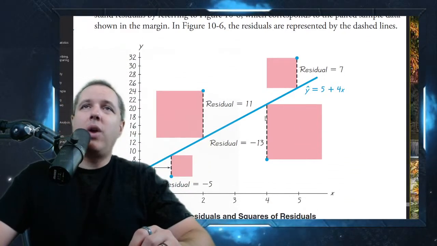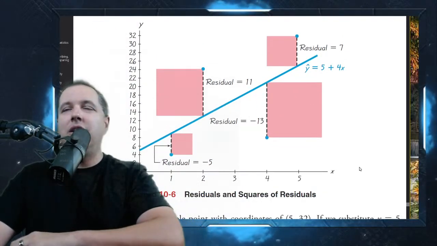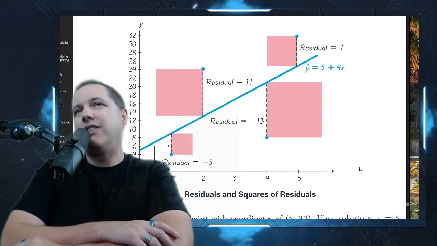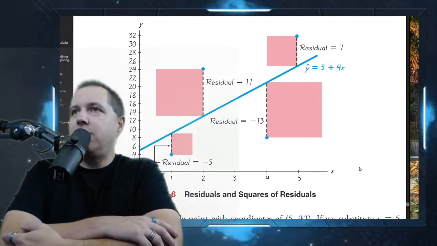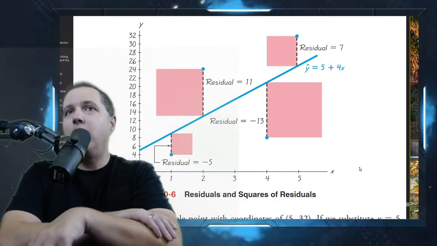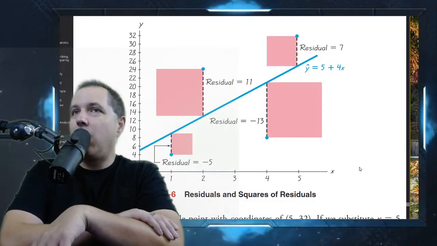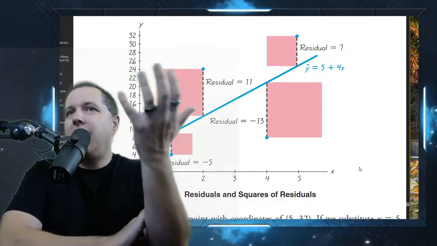And we end up squaring the residuals, where we get into a little bit of the nitty gritty. You don't necessarily need to know this for now. It might come up a little bit in the homework. If you add up all your residuals for a least squares line, they add up to 0 generally. So that's a problem because then with the number 0, we can't find anything out.